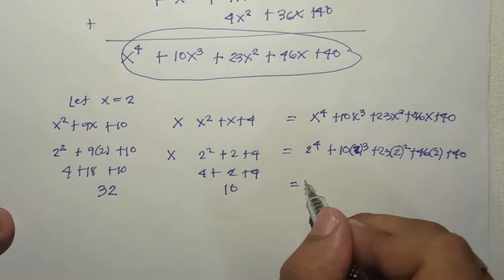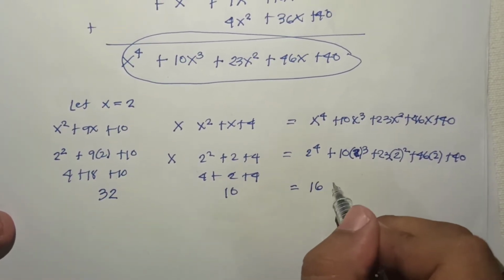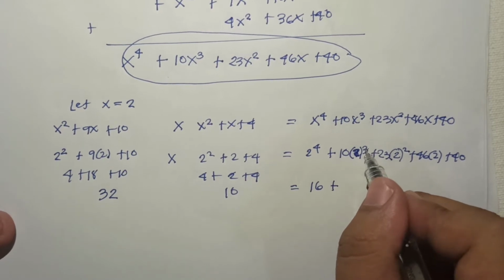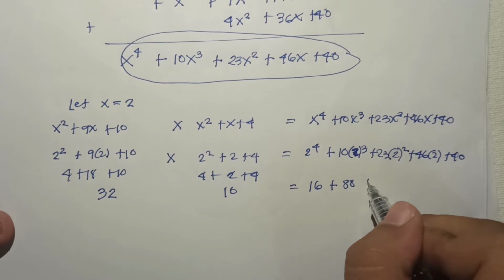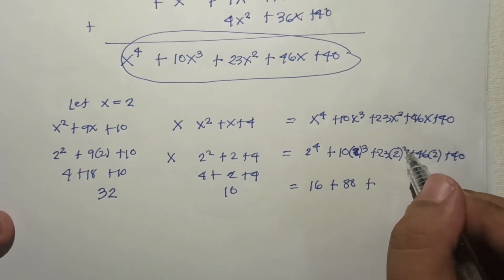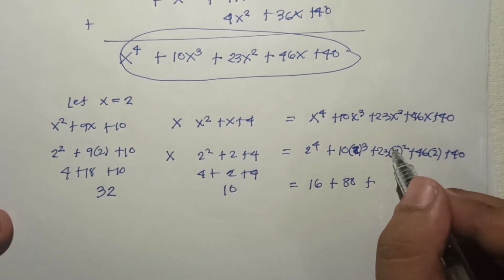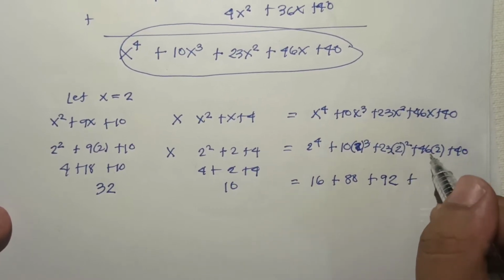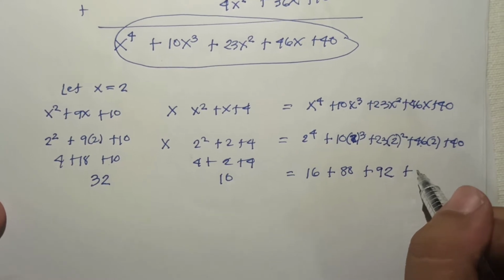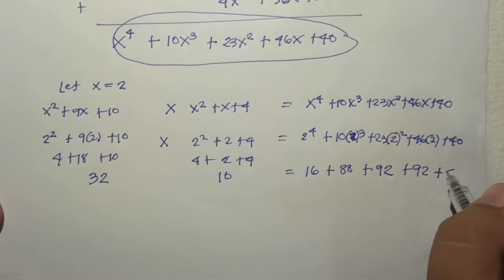So 2 raised to 4 is 16, plus 2 cubed, which is 8, times 10 is 80, plus 2 squared, which is 4, times 23 is 92, plus 46 times 2 is 92, plus 40.